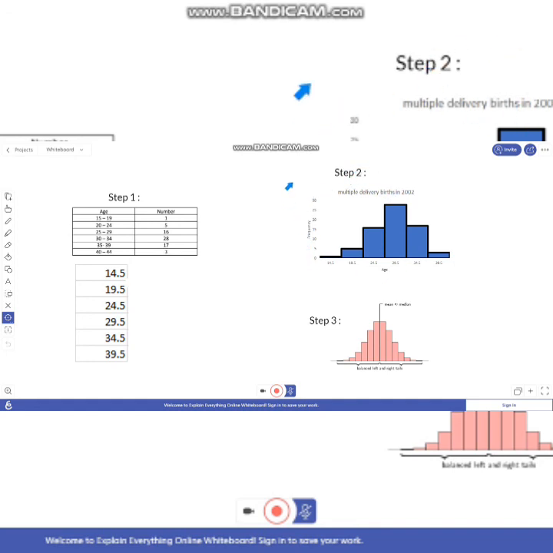The second step is to draw the graph, and the third step is to identify the shape of the graph. Based on the shape of the graph, I can conclude that the graph is symmetrical. Thank you. That is all from me.